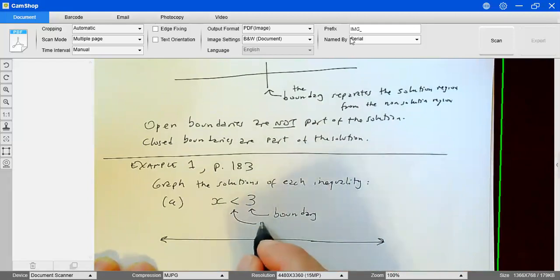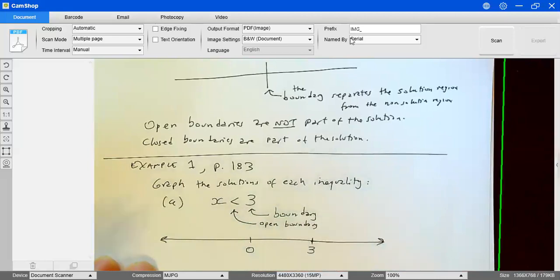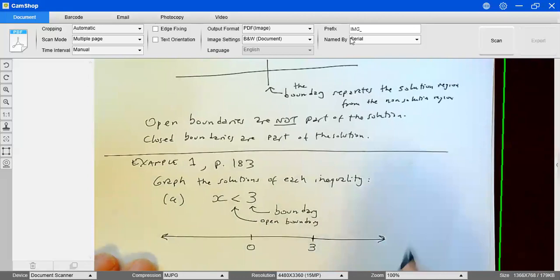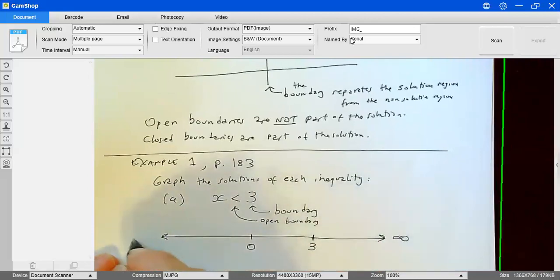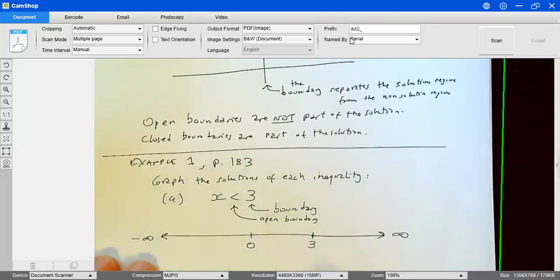In this case, this is an open boundary. So we need to find number 3 in our number line. Let's say that number 3 is here, and this is positive infinity, negative infinity. We need to draw an open dot, an open circle on 3, because the boundary is open.